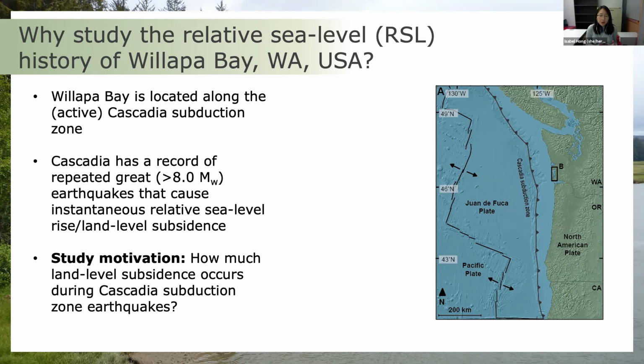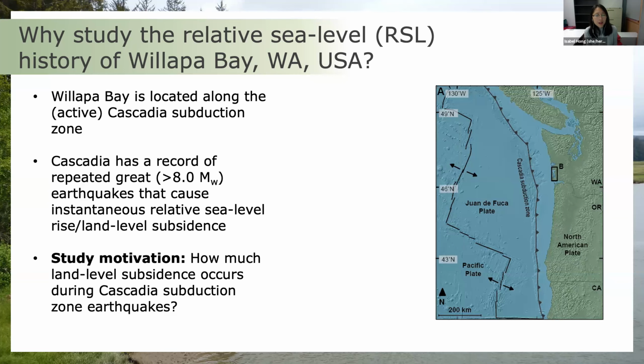So then to understand the potential risks associated with relative sea level rise, or conversely, land level subsidence from these great Cascadia subduction zone earthquakes, we have to really look at investigating the coastal sediments preserved in low energy depositional environments that will allow for the preservation of this land level change as changes both in the coastal sediment record, but also in the fossil diatom record.